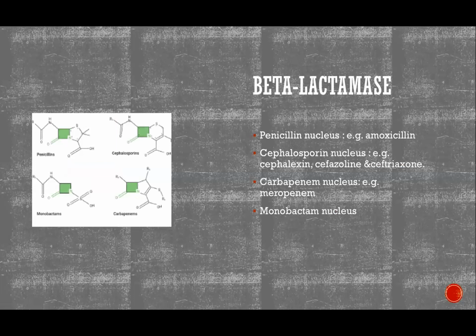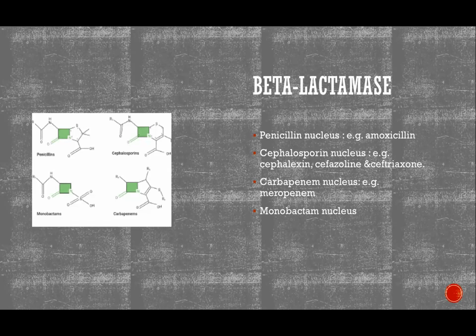So we start with the beta-lactams, and this is a very important class. Beta-lactams are a class of antibiotics that include penicillin, cephalosporin, monobactam, and carbapenems. They are named for their characteristic beta-lactam structure, which is essential for the antimicrobial activity. Beta-lactams work by inhibiting the synthesis of bacterial cell walls, which is necessary for the survival and integrity of the bacterial cell.